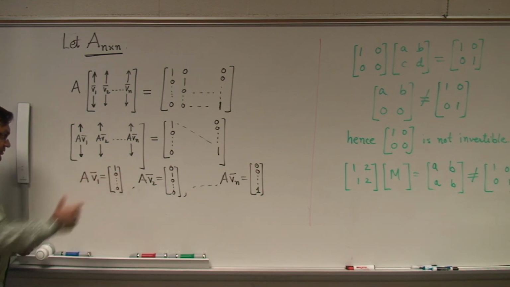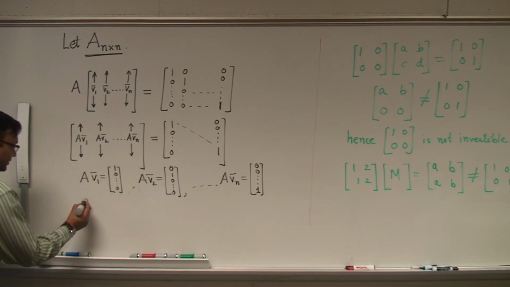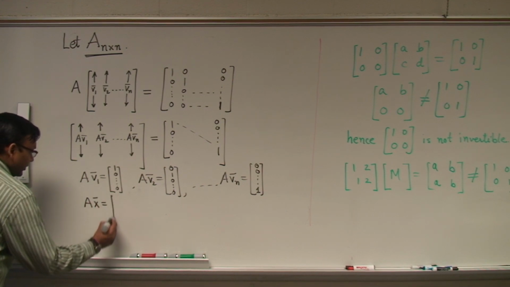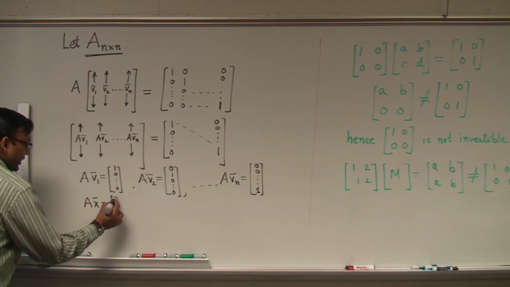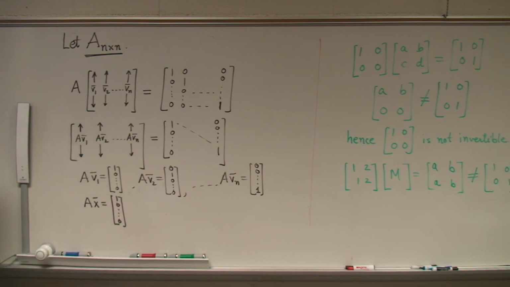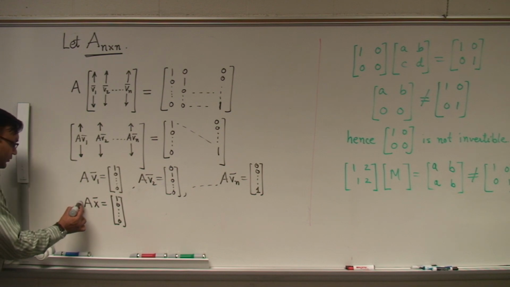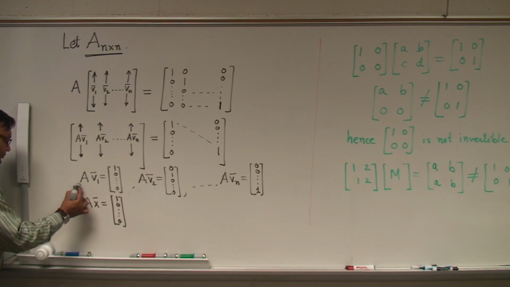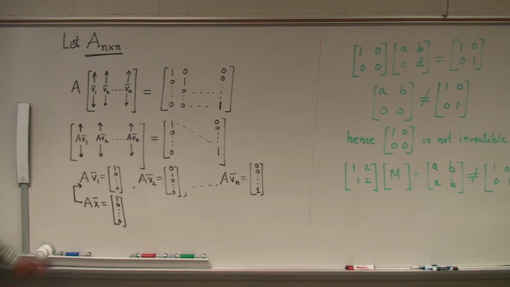Let us look at each thing in a slightly different perspective. Would you agree that right now I am saying that if I look at the system given to me over here, then for this system, Ax equal to 1, 0, 0, V1 is a solution? That means I'm saying that this system must be consistent.